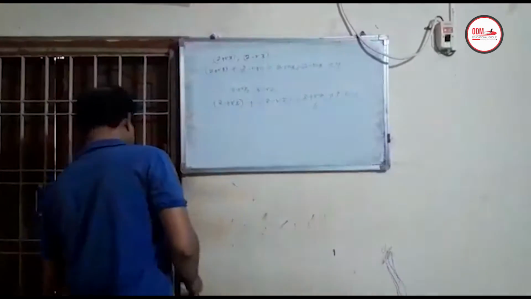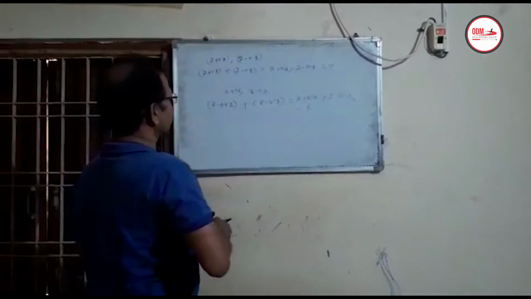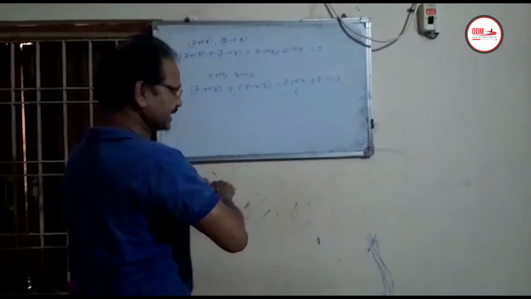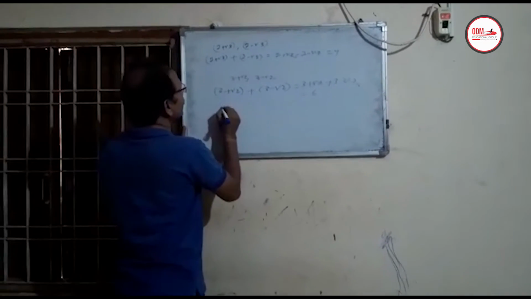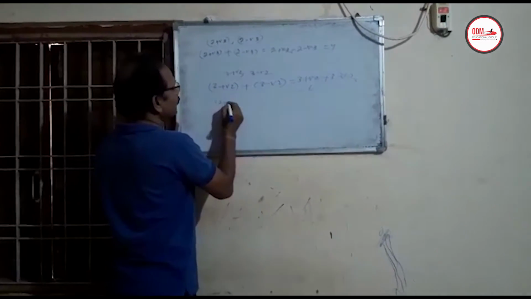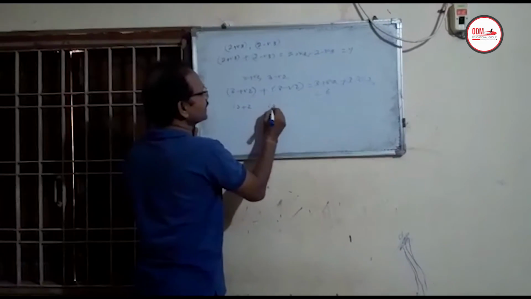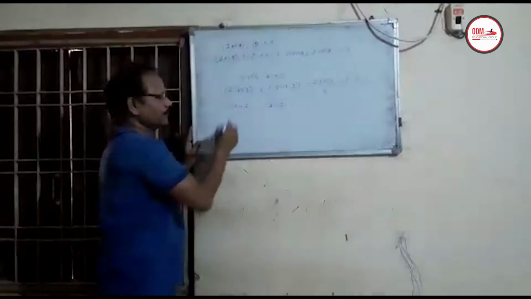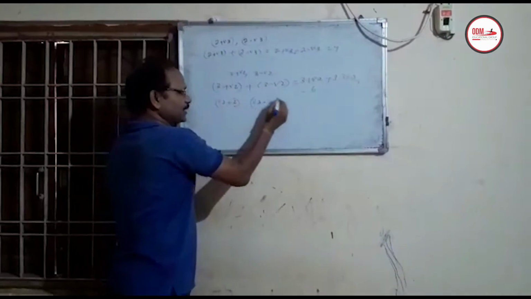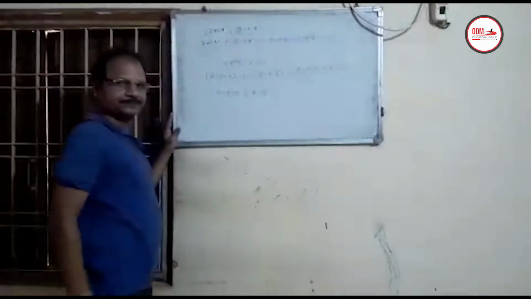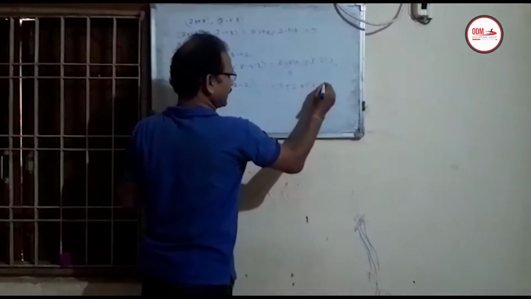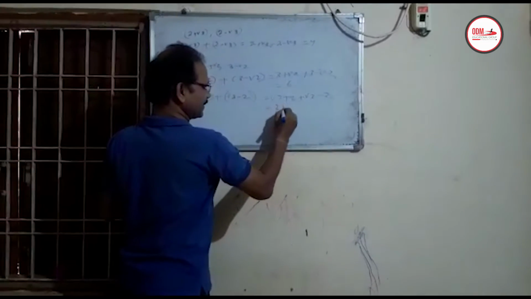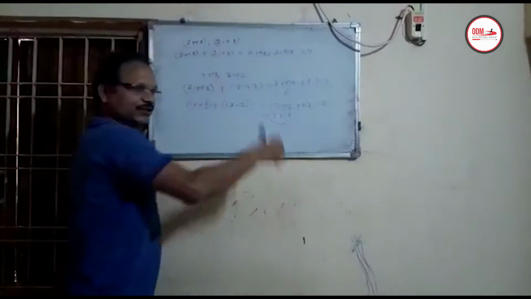Now, take another example. Suppose root 3 plus 2 and root 3 minus 2. This is an irrational number, and this is an irrational number. Now add them: root 3 plus 2 plus root 3 minus 2, the 2s cancel. The result is 2 root 3, which is an irrational number.